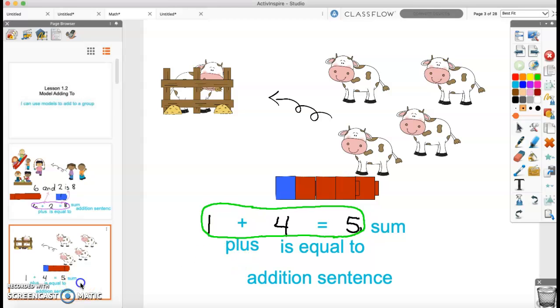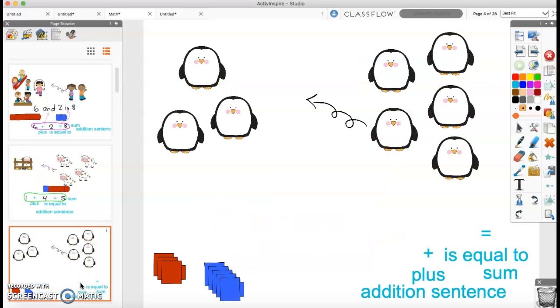So let's go on to our last problem. In our last problem, I see some penguins here, and then I see some more penguins that want to join them. I'm going to look up and I see I have 1, 2, 3 penguins.